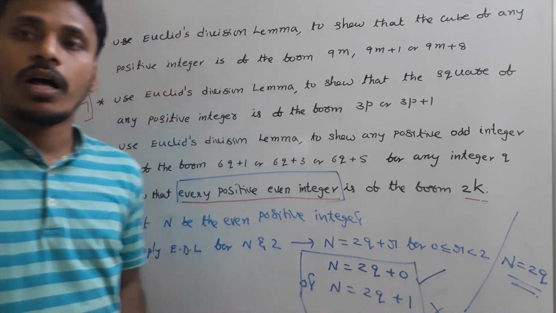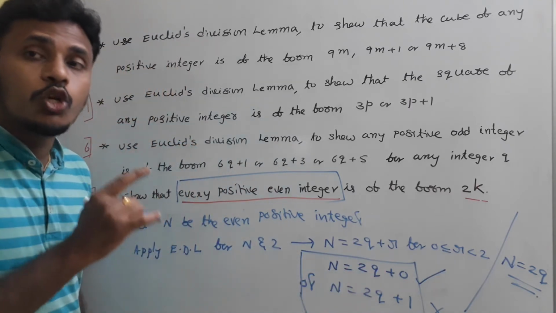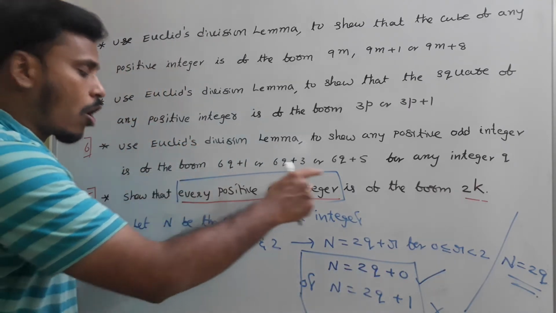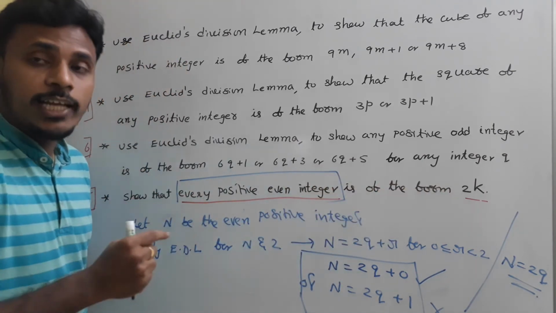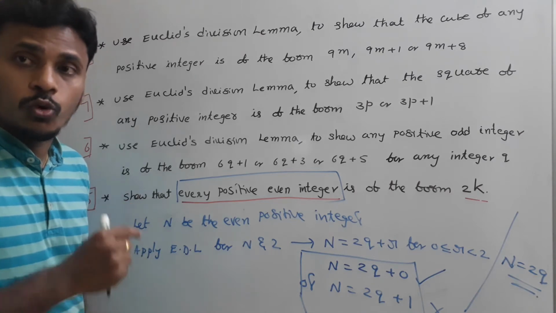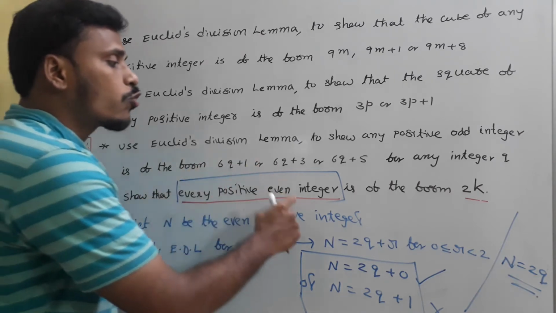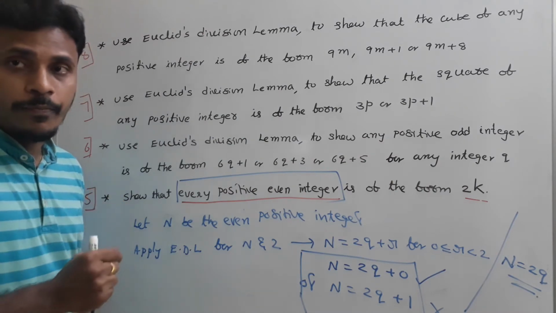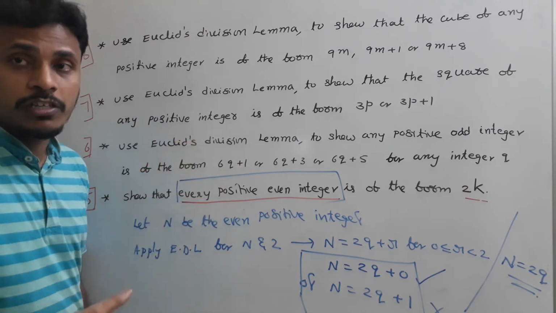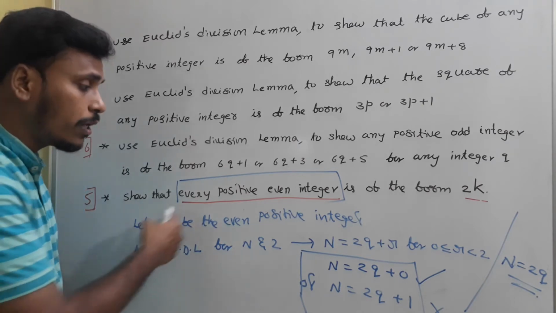If the question asks you to show, using Euclid's division lemma, that every even positive integer is of the form 2k, then your presentation should be like this.